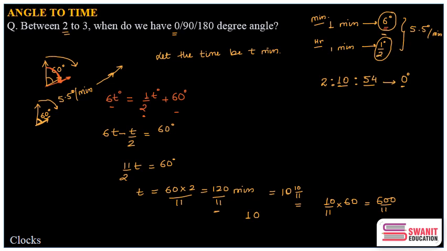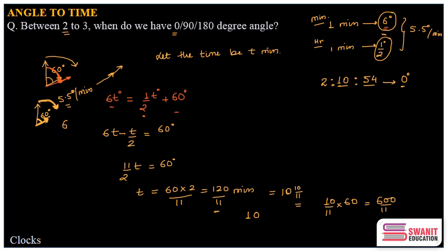We do not move this hour hand at all. We keep it here only. And we move the minute hand with the relative speed instead of its actual speed. The actual speed of the minute hand was 6 degrees per minute, but we will move this minute hand with 5.5 degrees per minute.